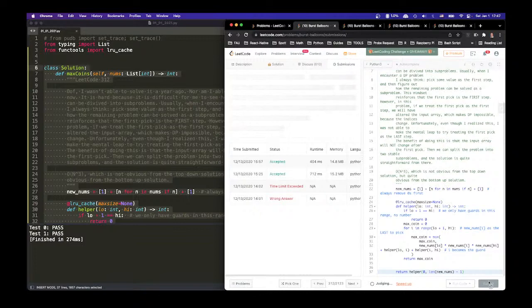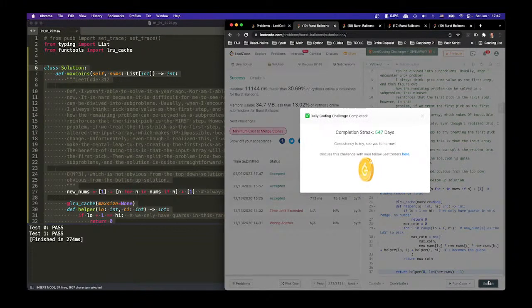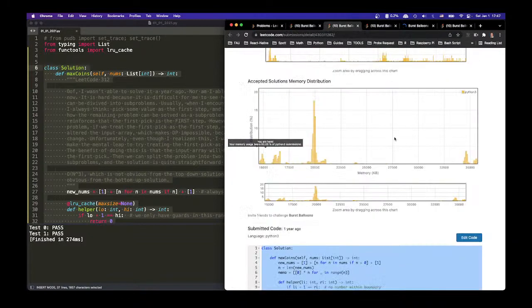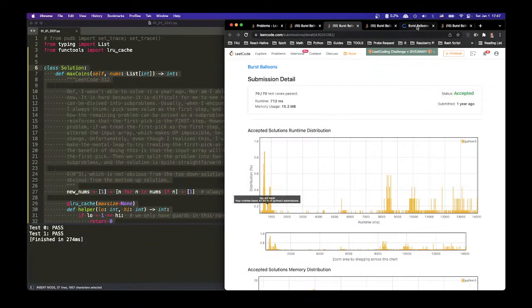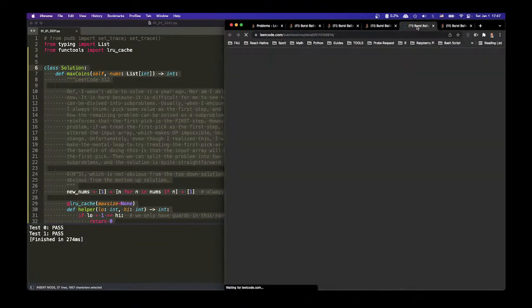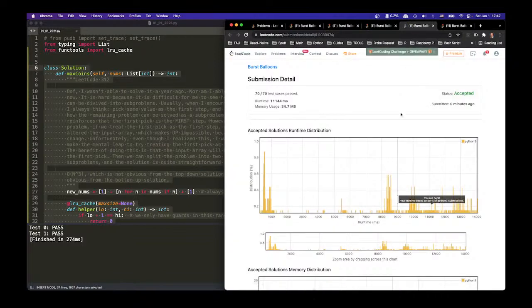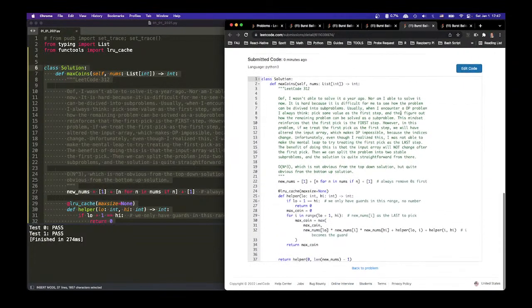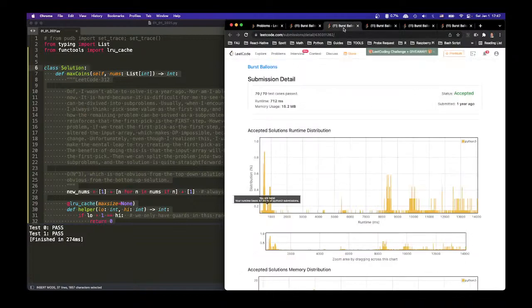Something ain't right. What the hell happened? 70 test cases. Is there any difference?